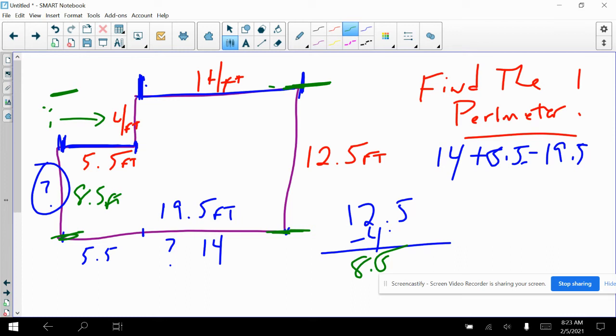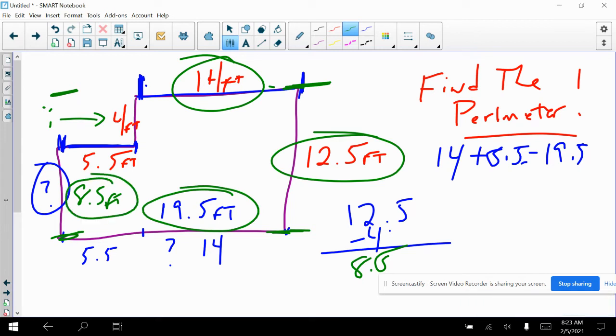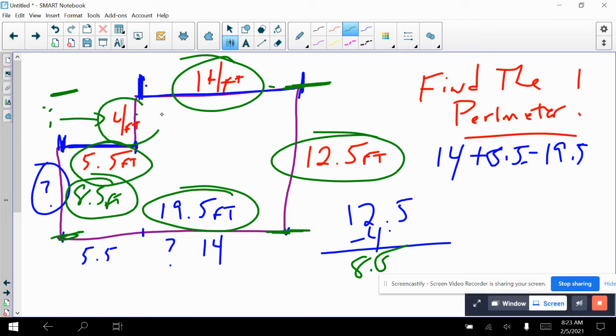Now all I have to do is add them up. That's correct. 14, 12.5, 19.5, 8.5, 5.5, and 4. Anybody adding those? I'll do it.